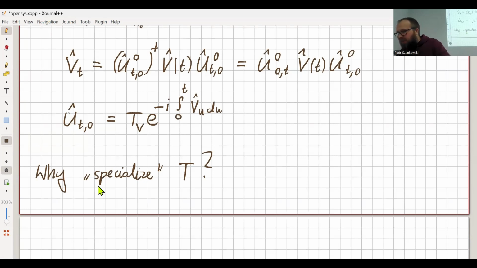So let's imagine that I'm sloppy. I don't specify what operators T is allowed to reorder, and just treat it as universal ordering. Whatever product of operators it encounters, it just reorders them so that the latest one is in front, the earliest one is at the back.